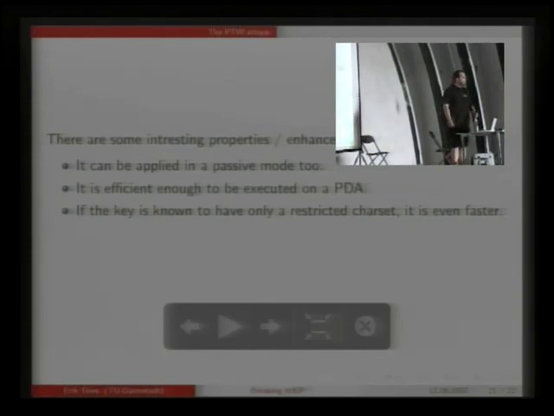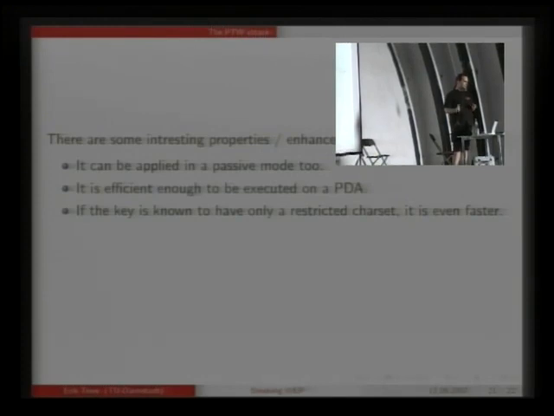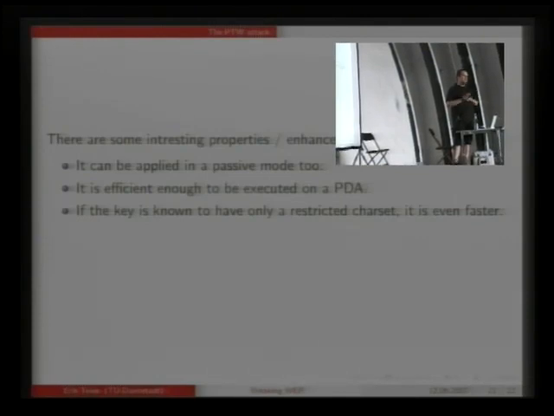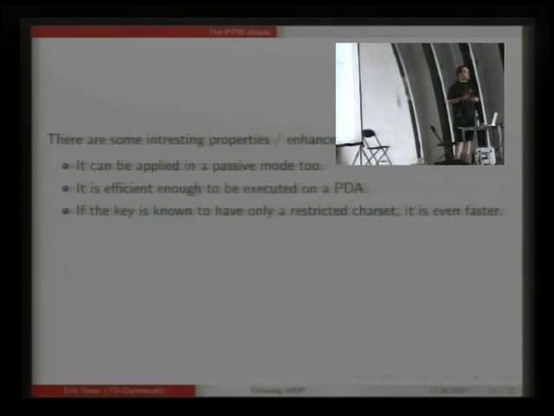And another enhancement is if you know that a key has only certain characters in it, you can skip some keys. For example, AVM chips, the hardware was WEP enabled by default, but they only use 10 out of 256 possible characters for every single key byte.